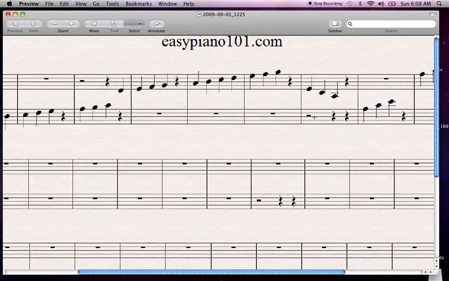Same with the half note rests. The whole note rests are on the fourth line underneath the line, and the half note rests are on the third line above the line. See, here's your half note rest. There's 2 quarter notes, so this makes 2. So you count this: 1, 2, 3, 4. So here's 1, 2, 3. See? So it all works out evenly.